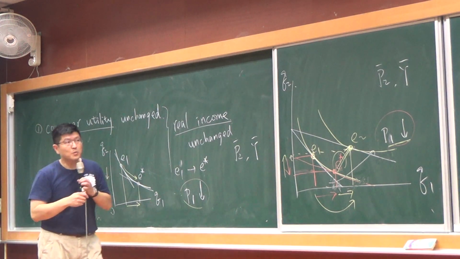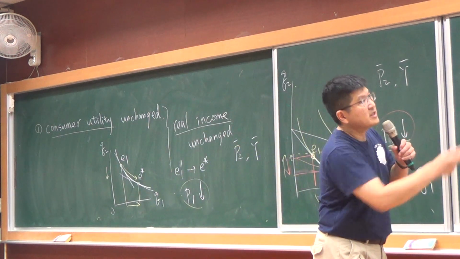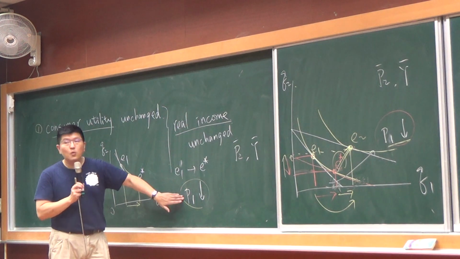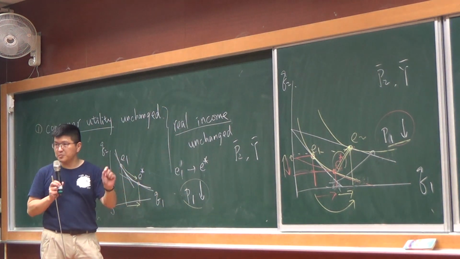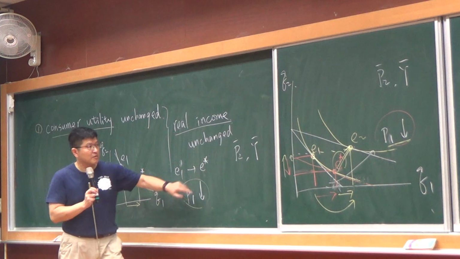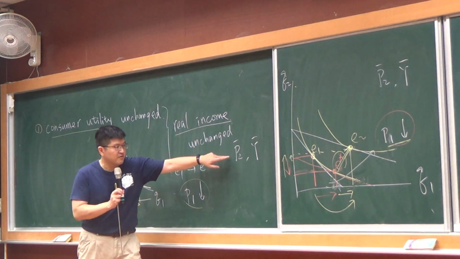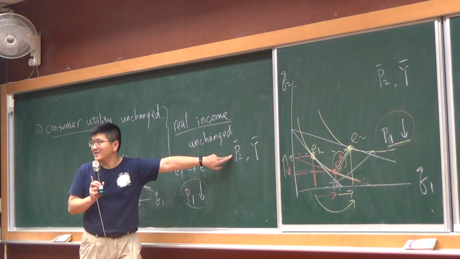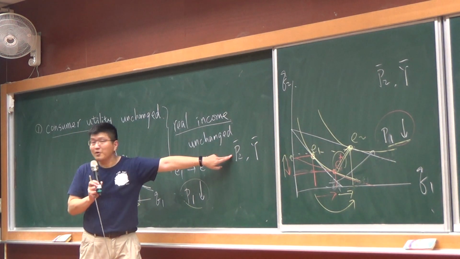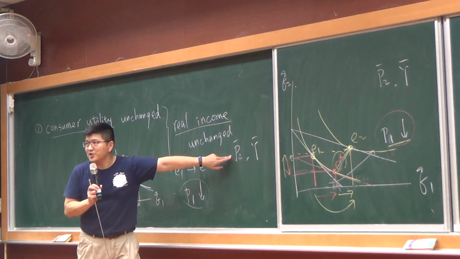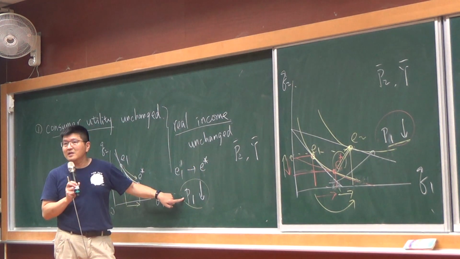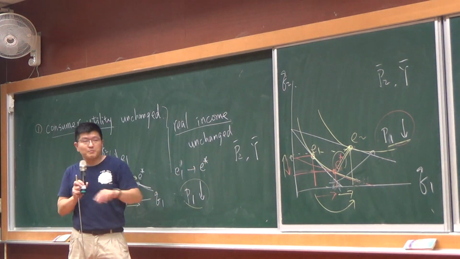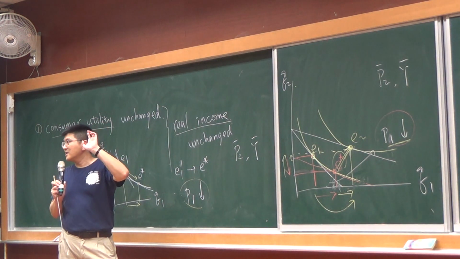So this is what we mean by always negative. Substitution effect is always negative. P1 is smaller, then Q1 must be higher. And P2, although it is unchanged, relatively becomes more expensive now, right? Since P1 is lower, relatively P1 to P2 is just like P2 increased.